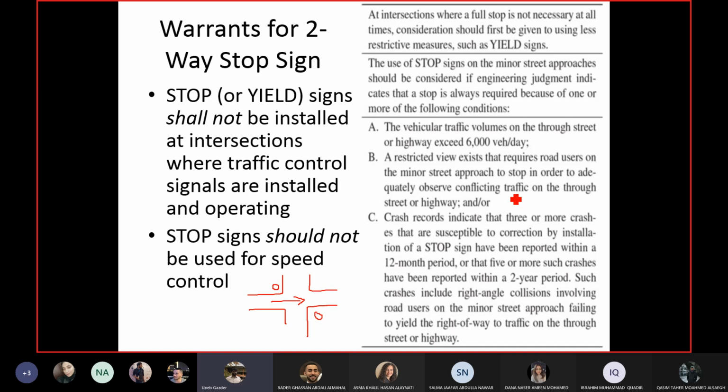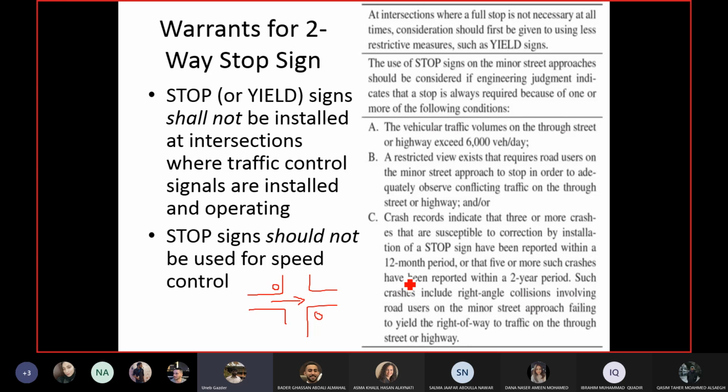So you have collected data for 1 year, and the crashes from the previous year show that 3 or more crashes could be reduced if you put a stop sign. Later on in this course, we will analyze intersections, and we did an example in the traffic course as well, so don't worry, we will do it at the end of this course too.